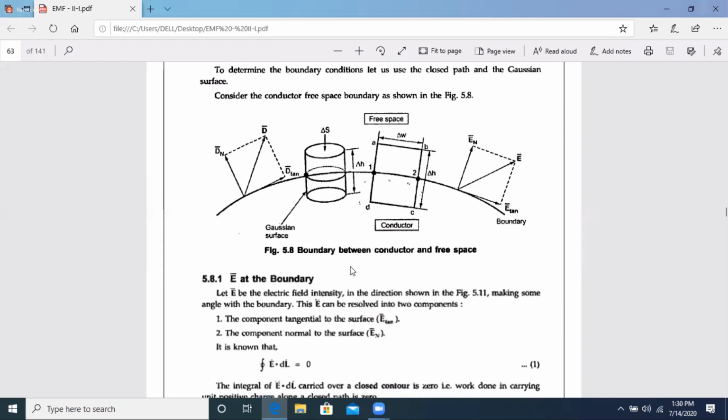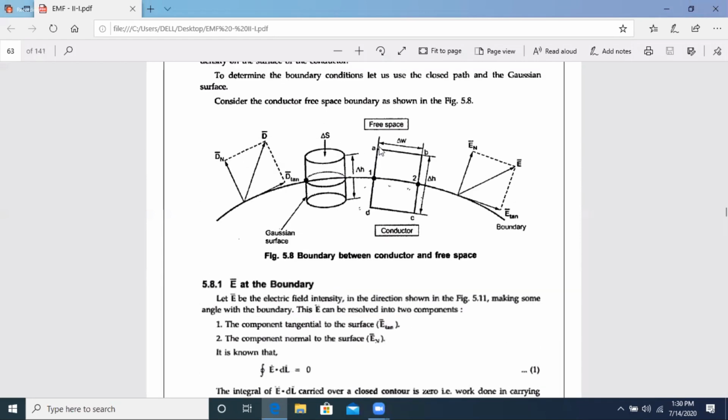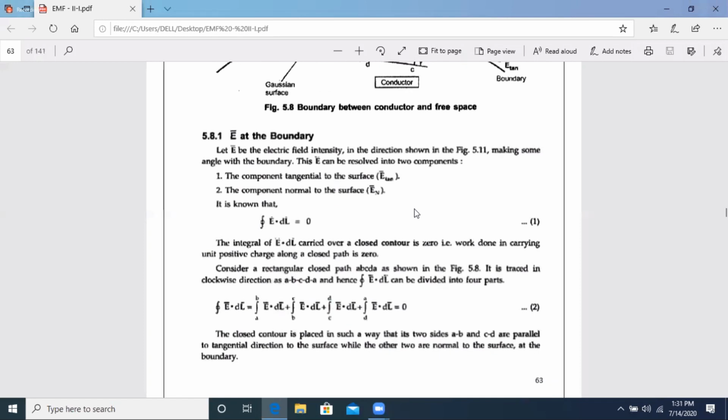We are going to do something now where we are going to shrink H so that this comes up and this comes down. So we are going to shrink it towards the surface.